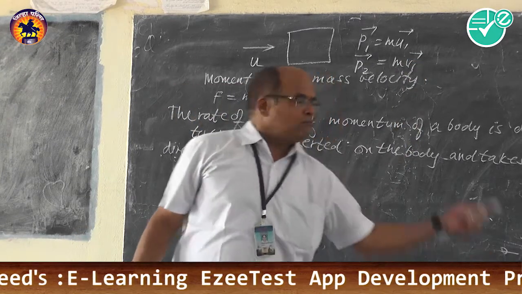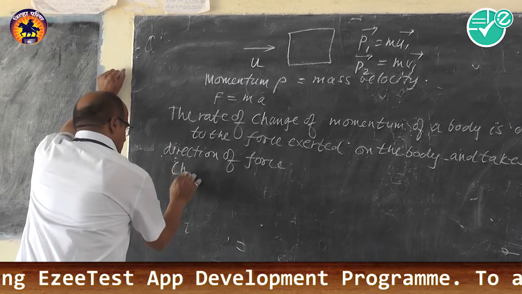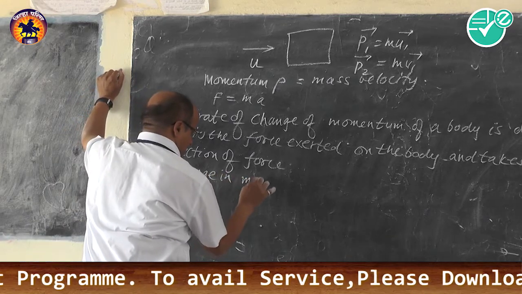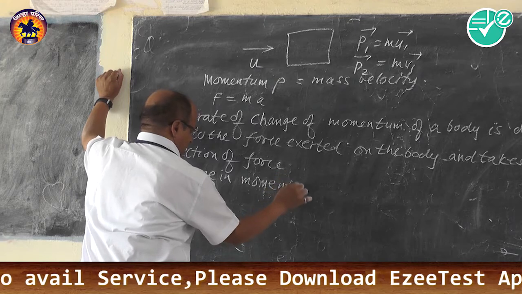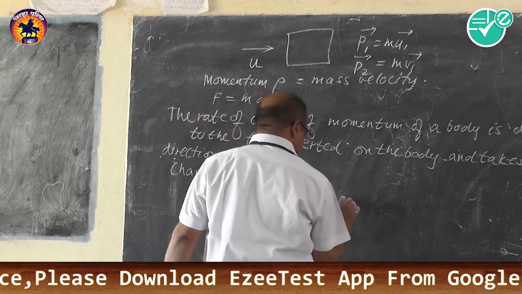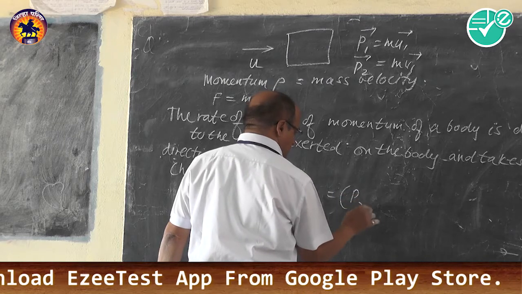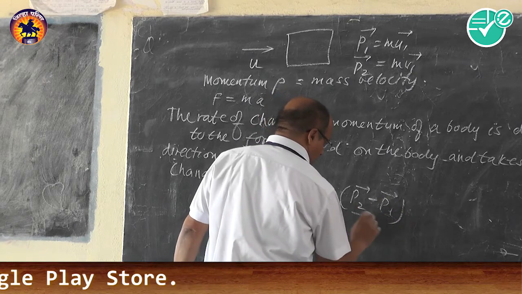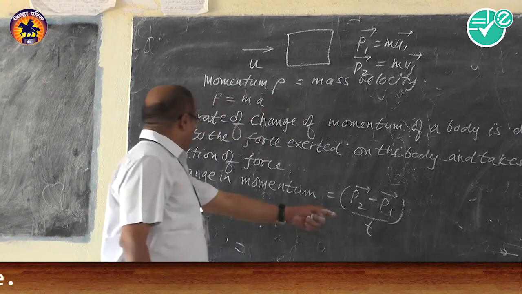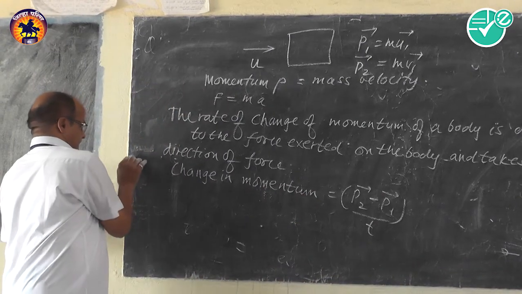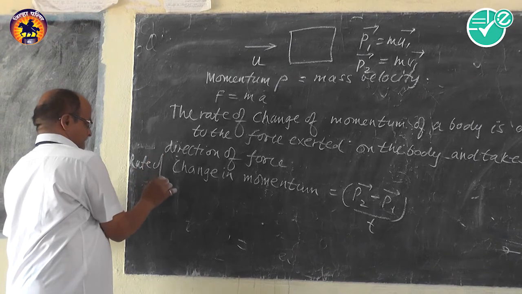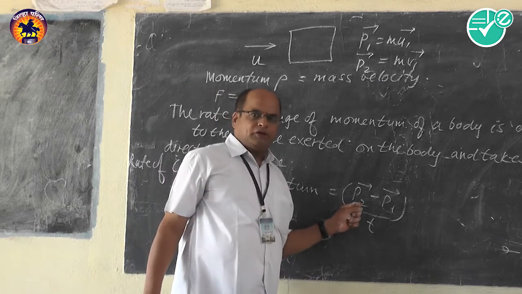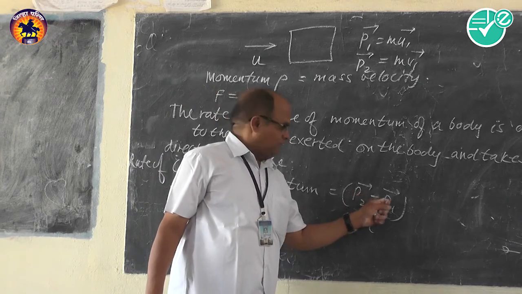Naturally, the change in momentum is P2 minus P1 upon t. What is this? Rate of change of momentum. Rate of change of momentum is vector P2 minus vector P1 upon t.